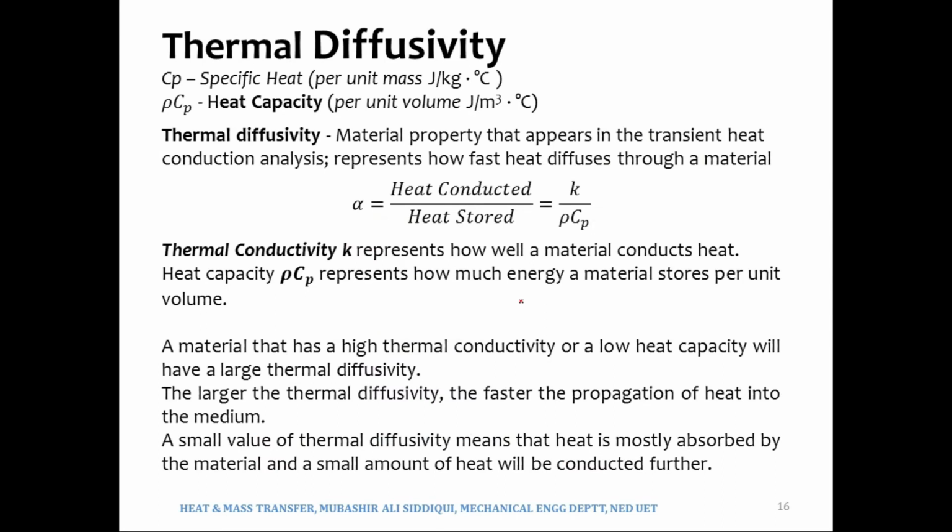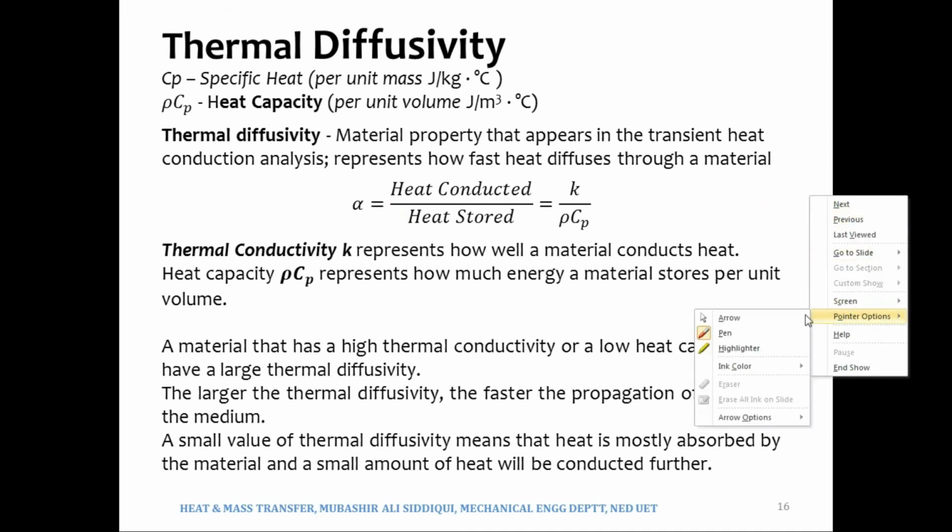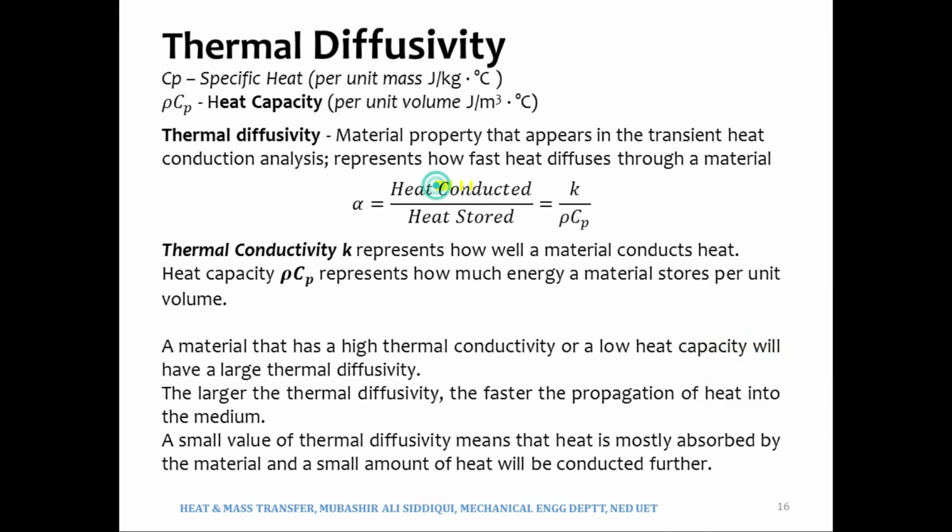Now, the last thing before we start convection is thermal diffusivity. Thermal diffusivity is in fact a ratio of the heat conducted to the heat stored. And just like thermal conductivity, it is a material property.